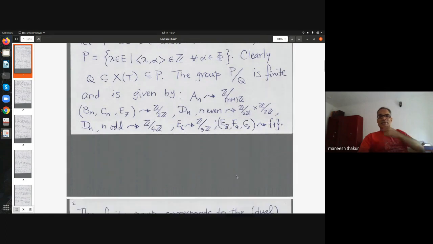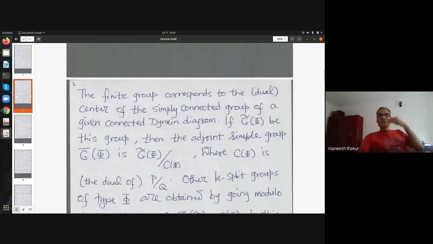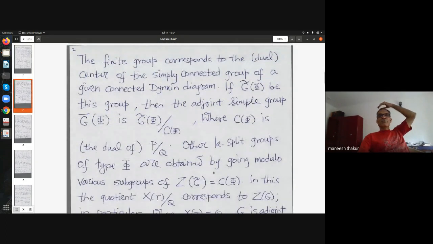So as I said, how does this work? This finite group that I wrote down, P mod Q, corresponds to the dual of the center, so to say. So the center of the group is an abelian group. You look at its characters, in the sense of morphisms from that group to G_m.